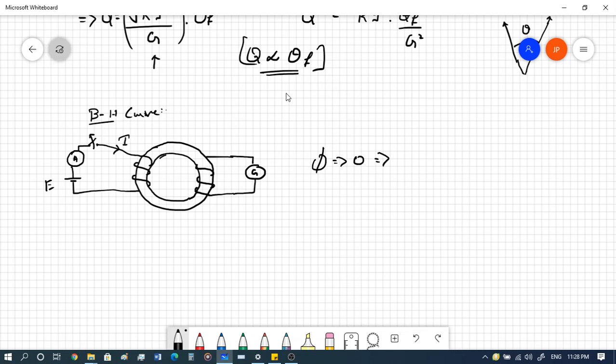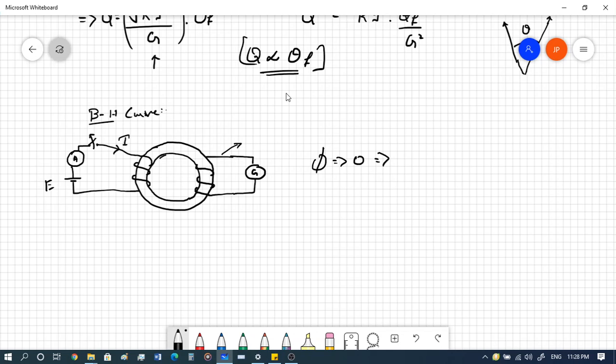Let's say this is the current, because the switch is closed in the initial state, and there is some amount of flux phi, and it suddenly decreases to 0, because of which there is a change in flux linkage in the secondary coil. So here there is a change in the flux linkage in the secondary coil, and because of which you will have an impulse current that would flow through it.